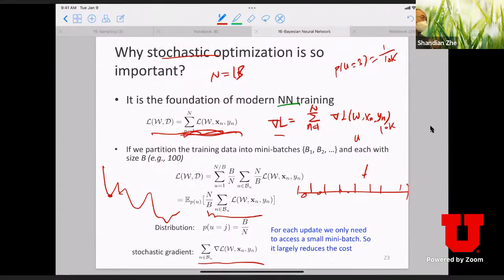It's just to ensure that your expectation is exactly the same as the original parameter. Why? Because remember, your P of U is B over N, right?